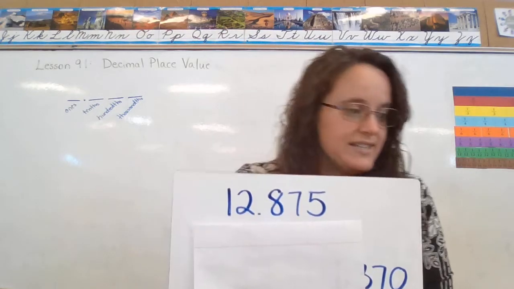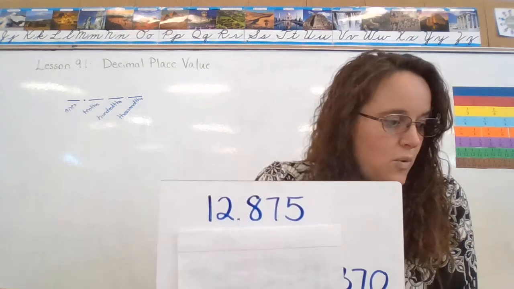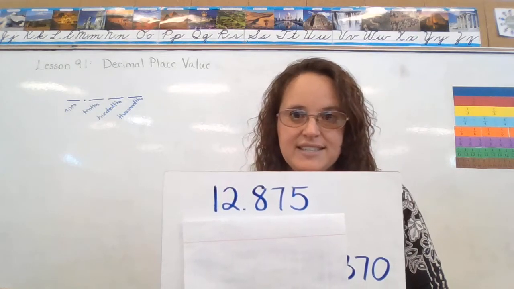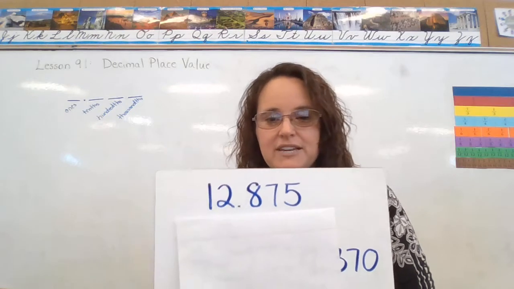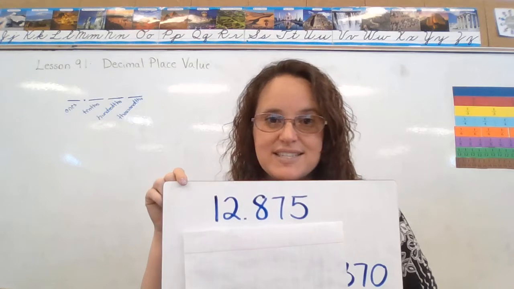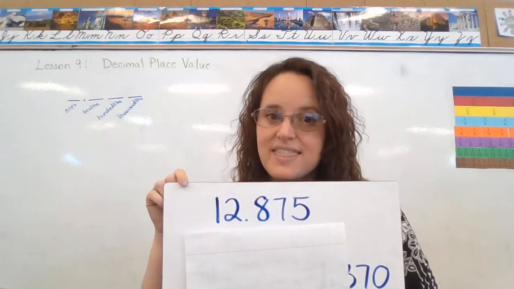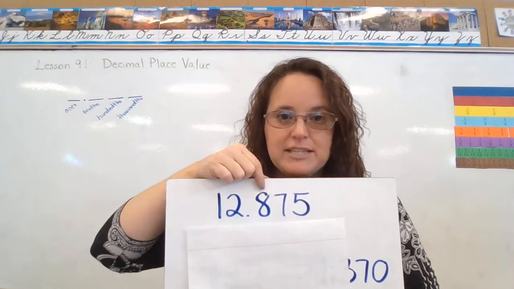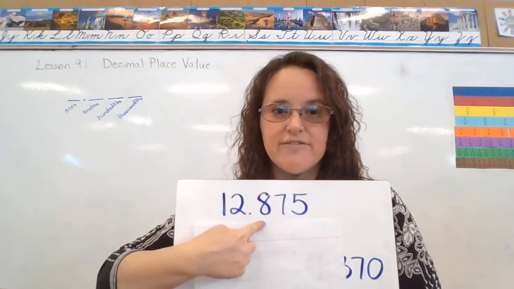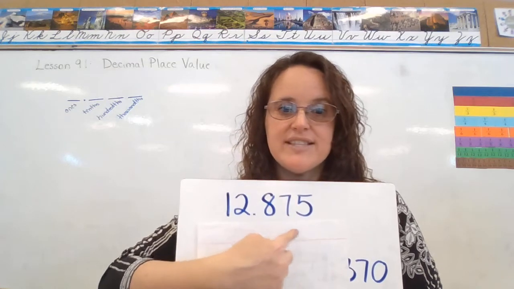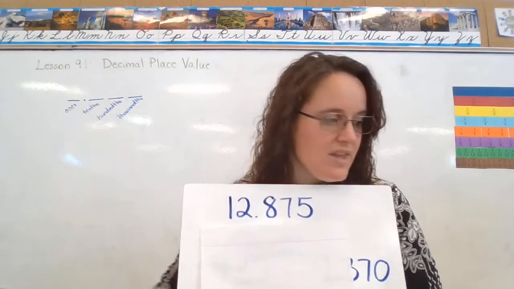That's what this number is. So my question to you is, which digit is in the tenths place? Look behind me if you need to. The tenths, not tens, tenths. So hopefully you said the 8, because my 8 is the first digit after the decimal point, and that's going to be the tenths, hundredths, thousandths.